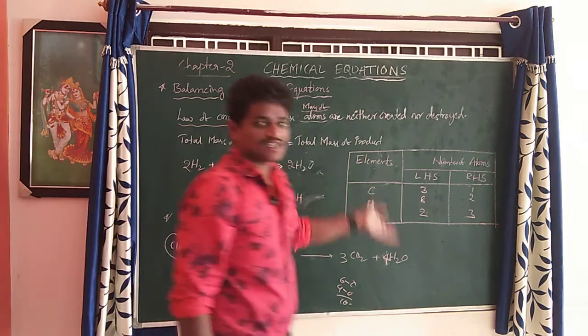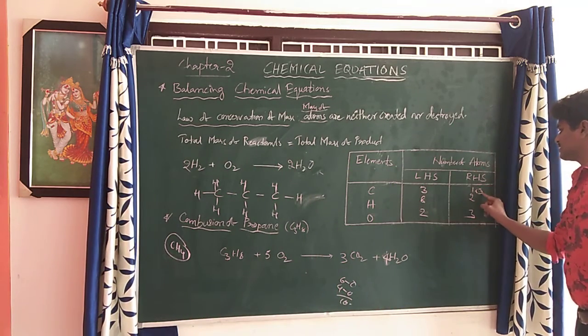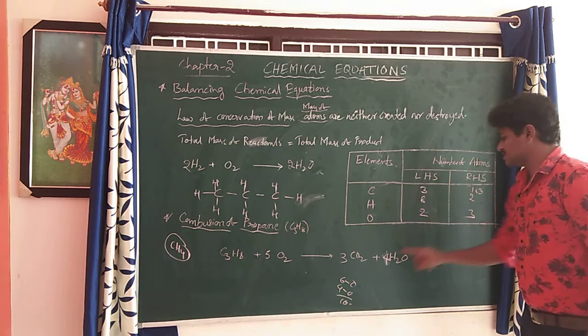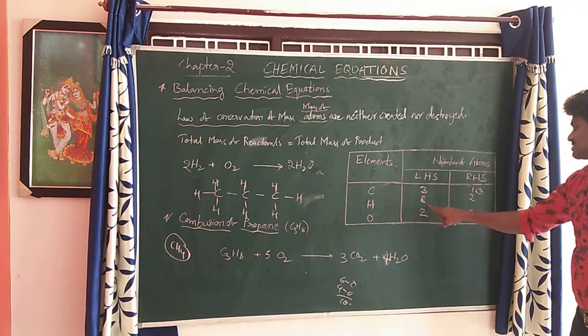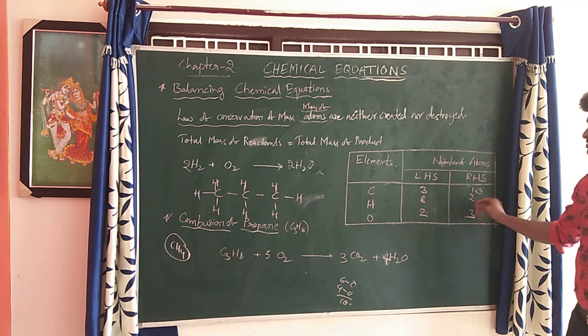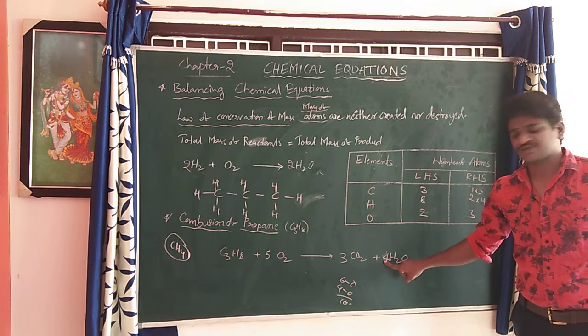In this method also, here 3 is there. You can write into 3. In RHS, carbon into 3. Next, here 8 hydrogens. Here 2 hydrogens. So into 4. 2 4s are 8. So you have to write 4 here.